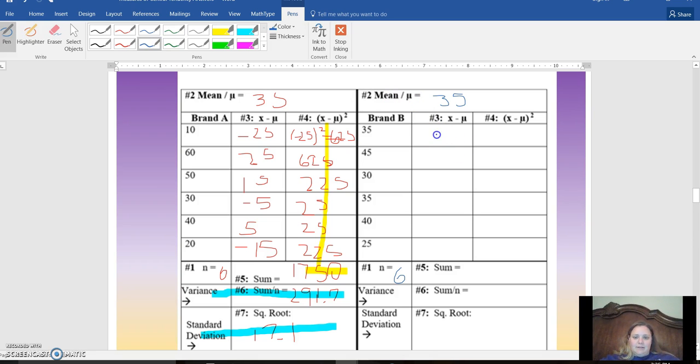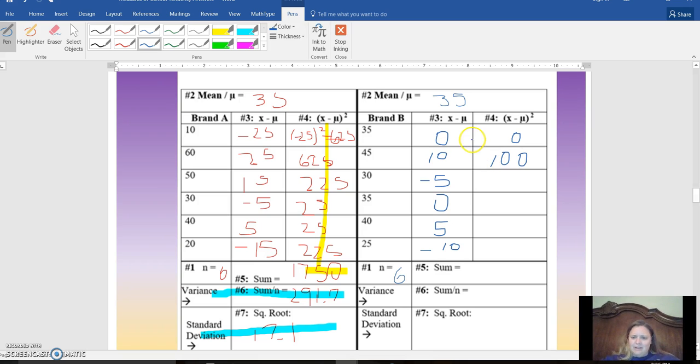35 minus 35, 45 minus 35, 30 minus 35, 35 minus 35, 40 minus 35, 25 minus 35. Then I'm going to square everything. 0, 10 squared is 100.